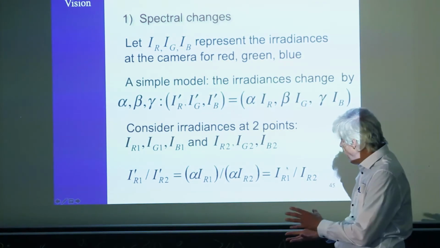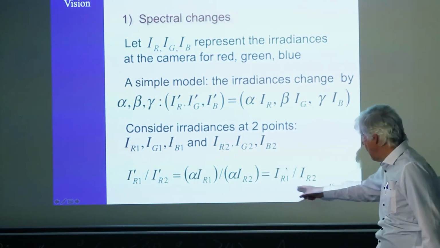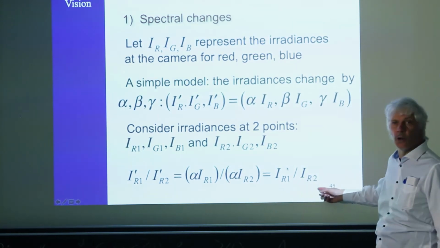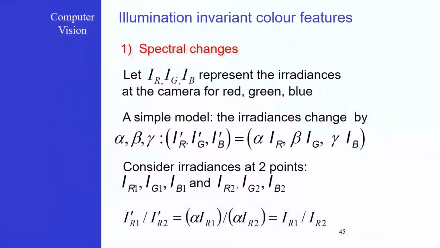But you see that the ratio will make sure that alpha cancels out, and we are back at the original ratio, the original value. So it is as if nothing happened, even if the color of the illuminant has changed.